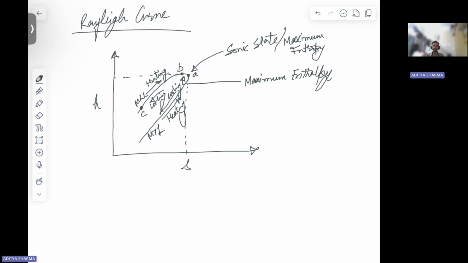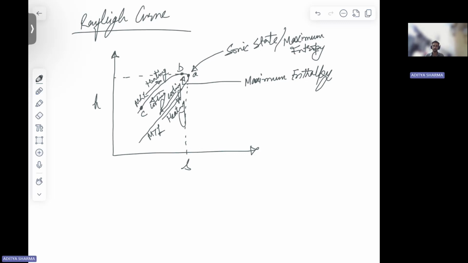Because its kinetic energy also has increased substantially. Till point B, the heat addition rate was greater in comparison to the flow velocity, so enthalpy was increasing, but beyond point B that is not the case, and hence enthalpy does not increase further. Eventually, you get the sonic state at maximum entropy, A.